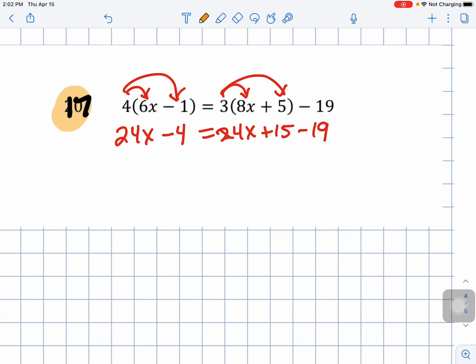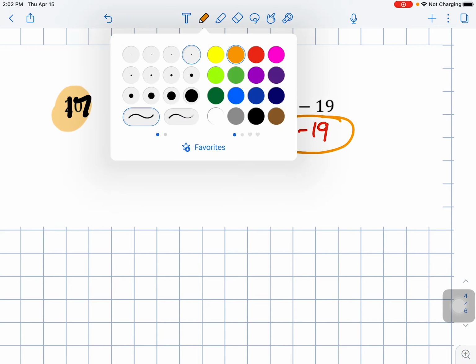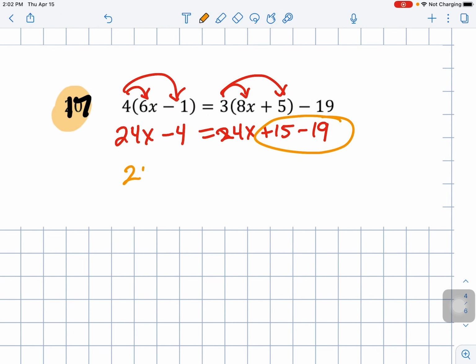So that was my first step. I did the distributive property. Second step is to combine like terms on the same side. So I can combine the positive 15 and the negative 19. And when I do that, I'm left with 24x minus 4 equals 24x minus 4.